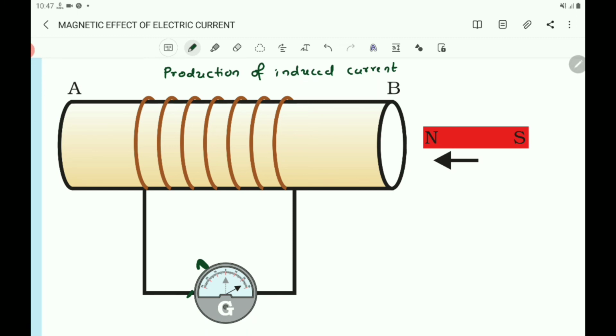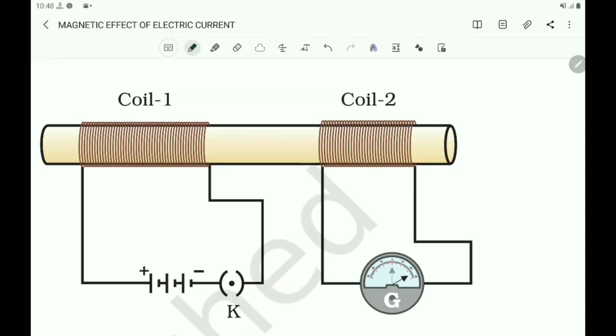One is by using the magnet and the coil. Here the magnet is moved towards and away from the coil. Then also there is a change in the magnetic field. Here also the magnetic field linking with the coil changes and induces the electric current in the coil. That is one way of inducing the current in the coil.